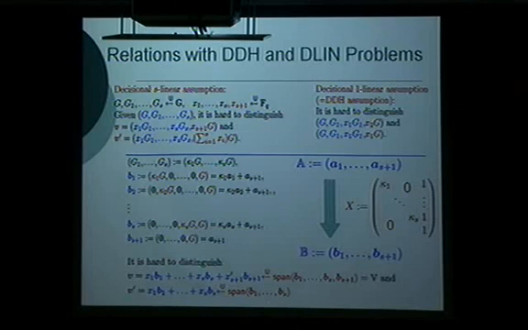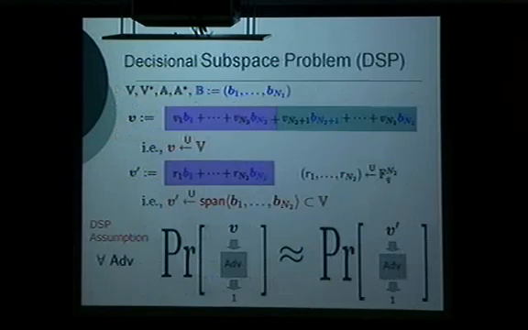So then the problem of the decisional S-linear assumption means how to distinguish an element from the whole space and an element selected from a subspace. So it is a very special case of this DSP, the decisional subspace problem again. The DSP problem is how to distinguish two cases: V is selected from a whole space and V prime is selected from a subspace.